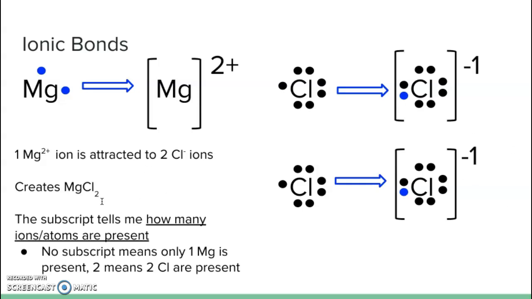And so it's going to create a MgCl2 because I have 1 atom of magnesium and I have 2 ions of chlorine. Okay, my subscript will tell me how many ions or atoms are present. If I don't have a subscript, that means I only have 1, right? So MgCl2, Mg doesn't have a subscript, so I have 1 of Mg, and I have 2 Cls.